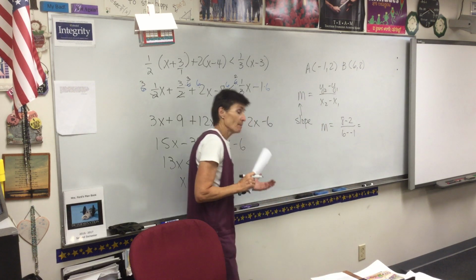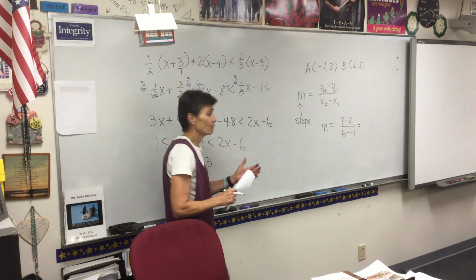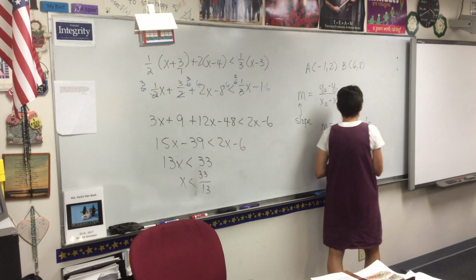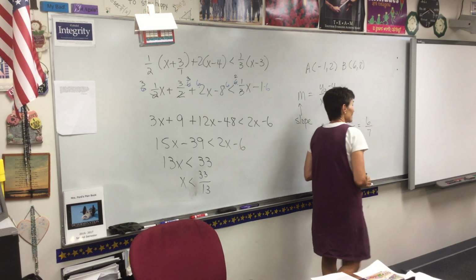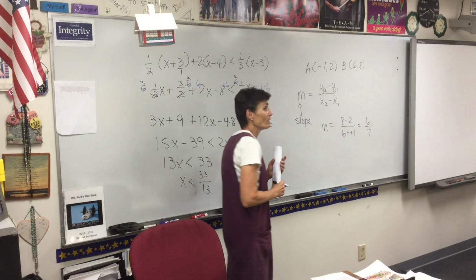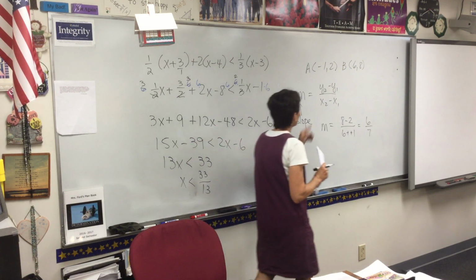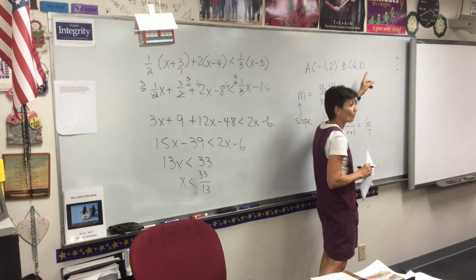6/7. The biggest mistake you're going to make is with your arithmetic. Be careful. 8 minus 2 is 6. And 6 minus a negative 1 is 7. Now, I want to be real clear about something. I don't know which is x1, y1 and which is x2, y2.